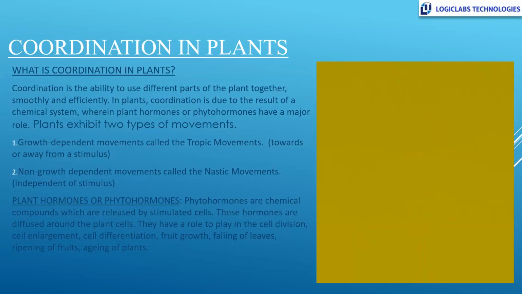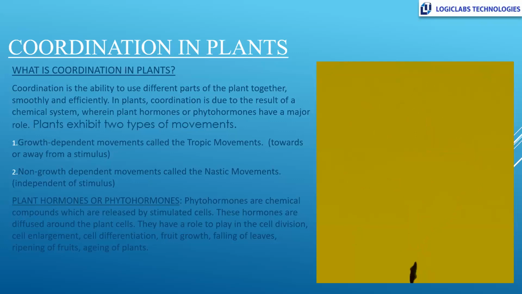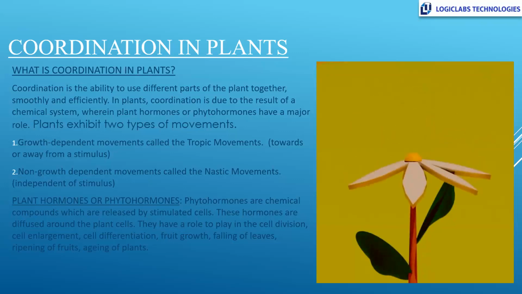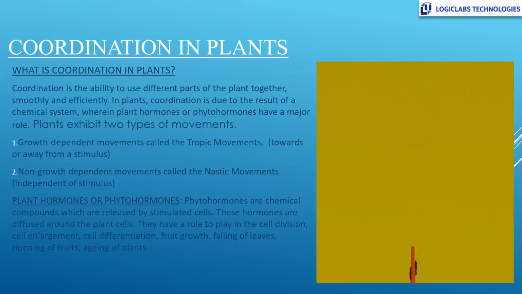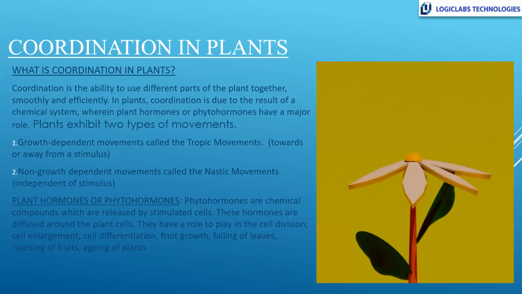It is coordinated and communicated so that whichever part of the plant you touch, it starts moving. This is because there are electrical and chemical means which pass the information from one cell to another cell in that particular plant.